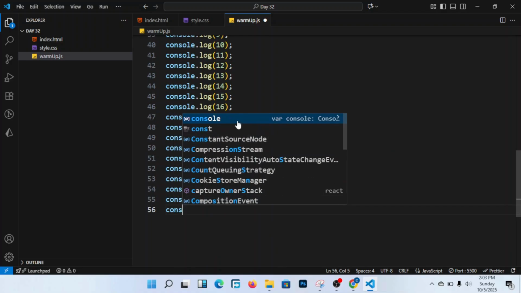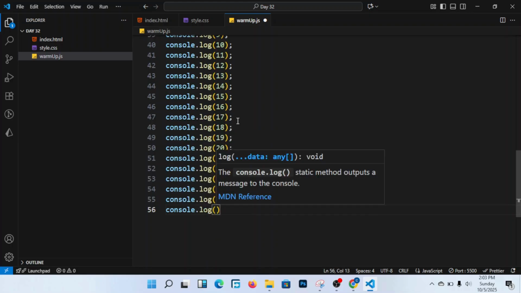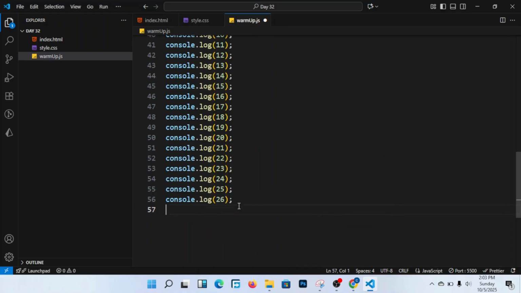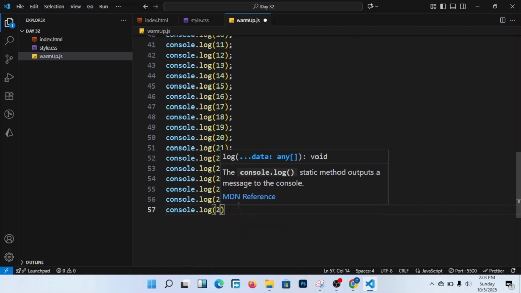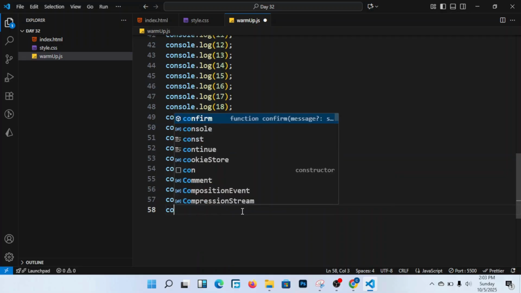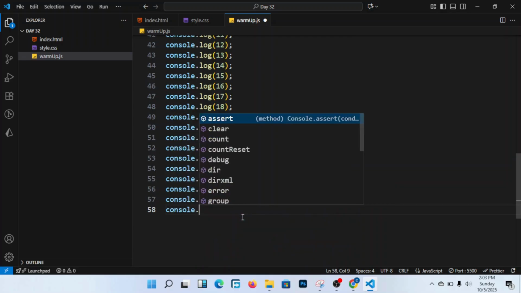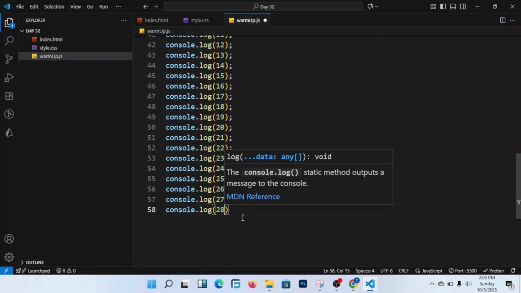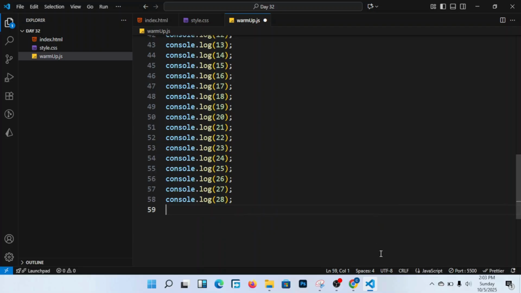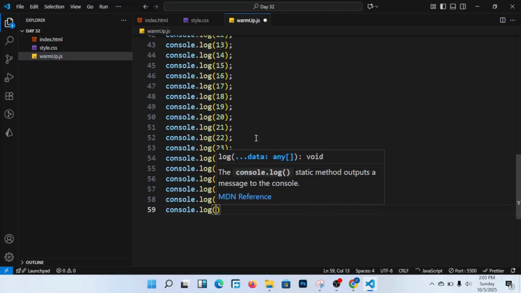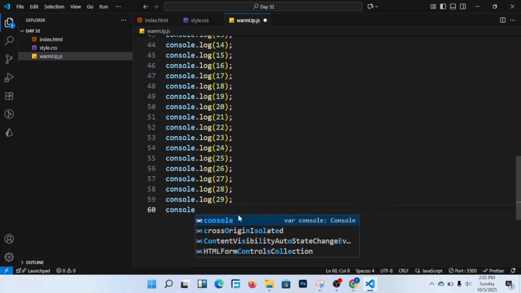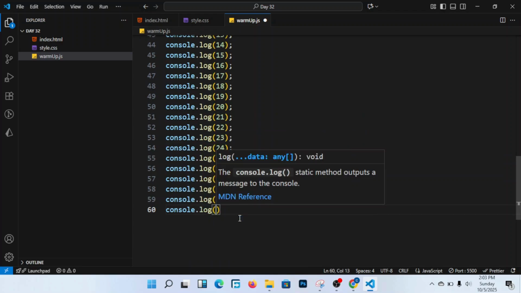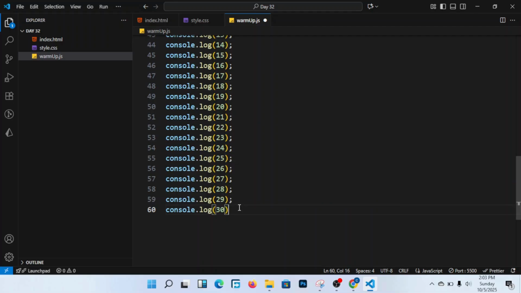Console.log 26. Console.log 27. Console.log 28. Remember 28. I hope we are moving together. Console.log 29. Console.log 30. Okay, at least we have moved this one.